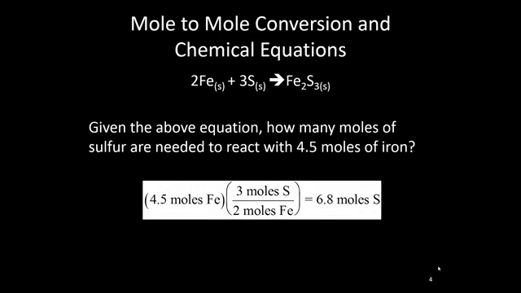Using that ratio, it is possible to convert from 4.5 moles of iron to 6.8 moles of sulfur. This is accomplished by multiplying 4.5 moles of iron by 3 moles of sulfur and then dividing by 2 moles of iron. You notice moles of iron cancel, and we find out how many moles of sulfur we need in order to make this reaction run to completion.